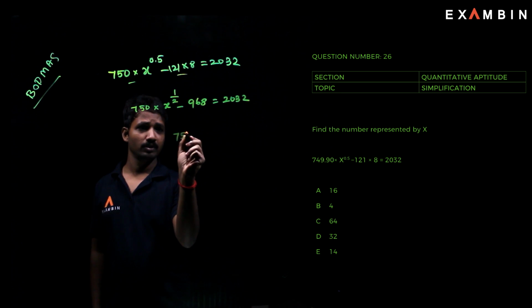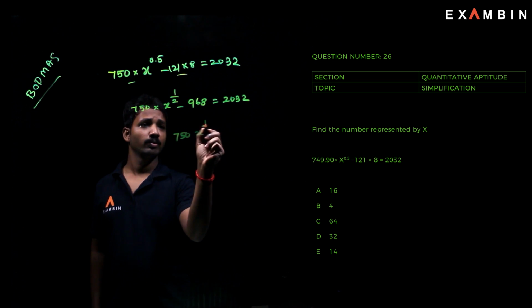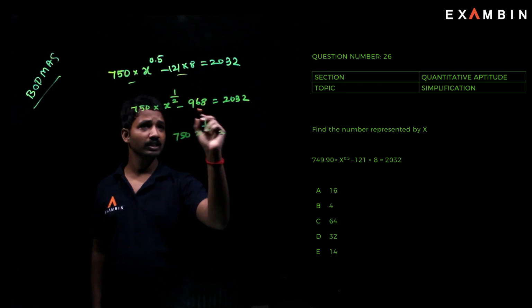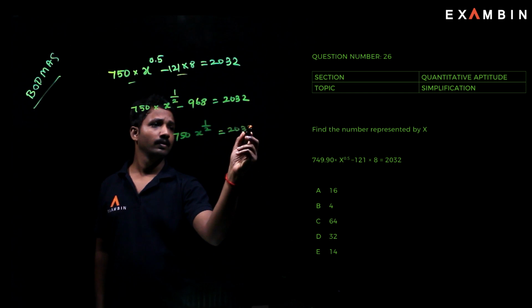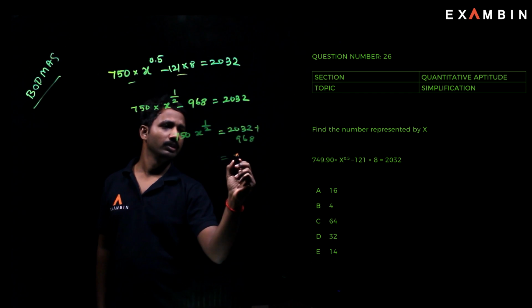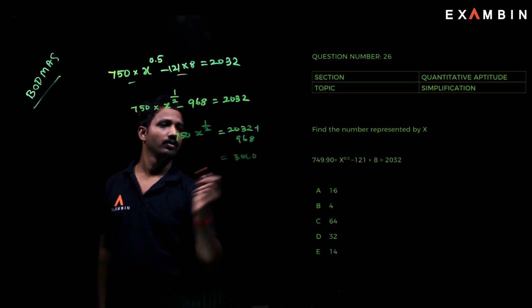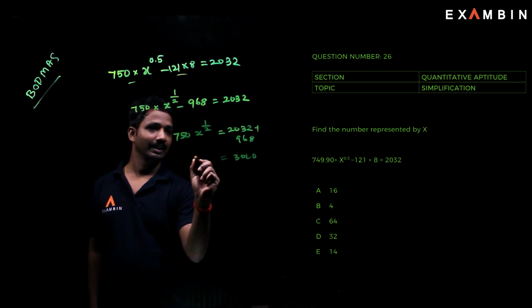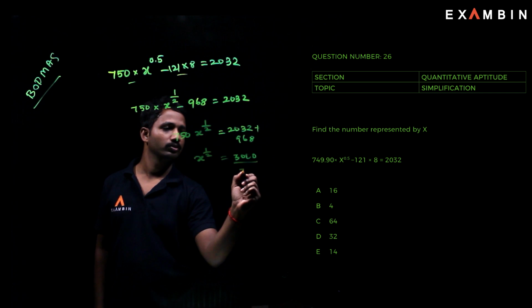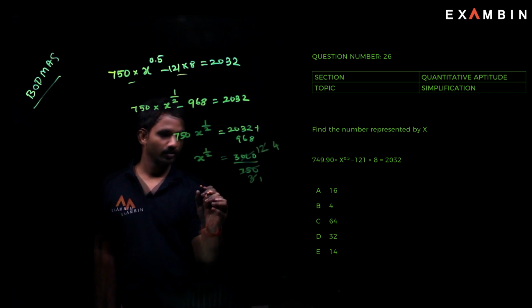So 750 into x power 1 by 2 is equal to 2032 plus 968 will be 3000. So x power 1 by 2 is equal to 3000 divided by 750.